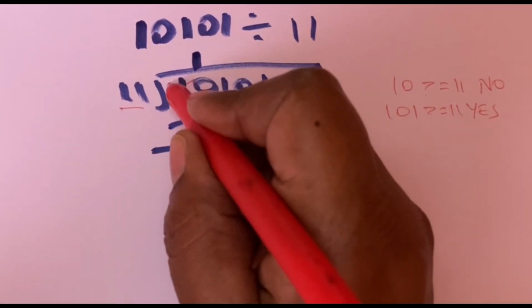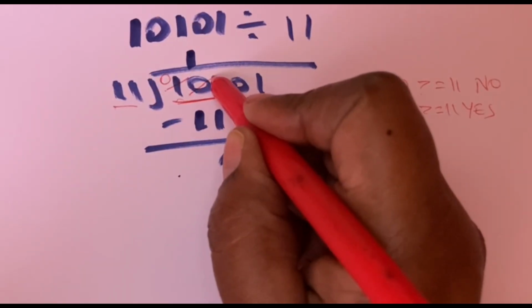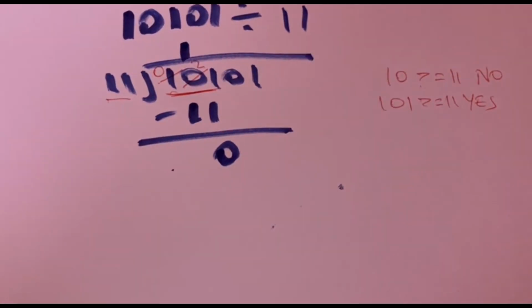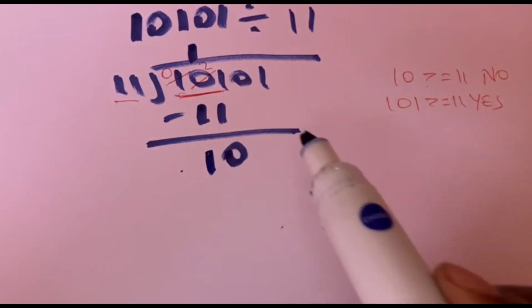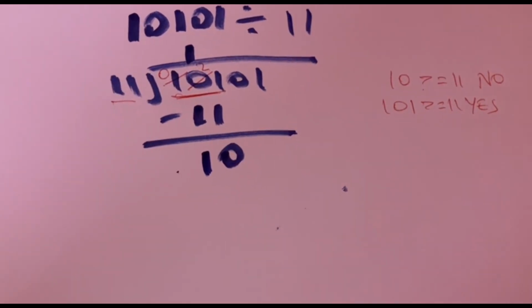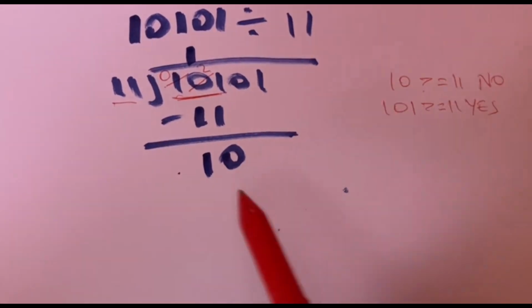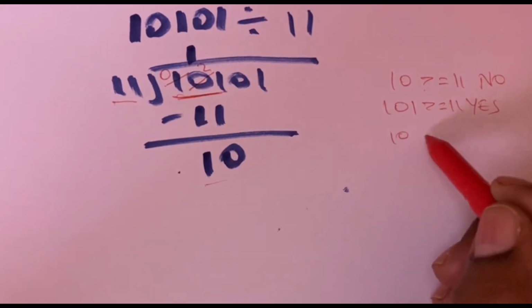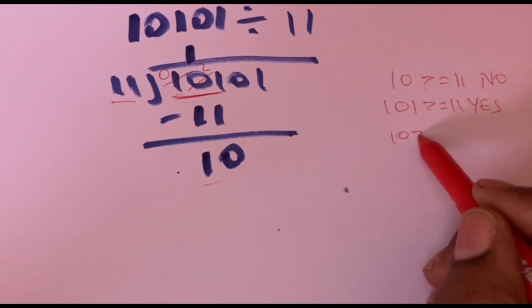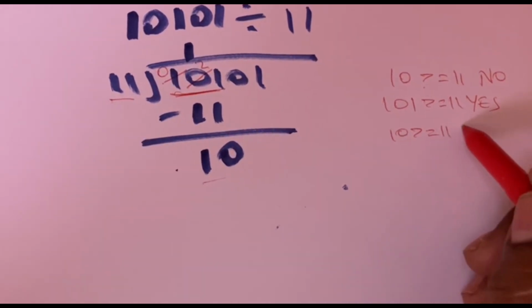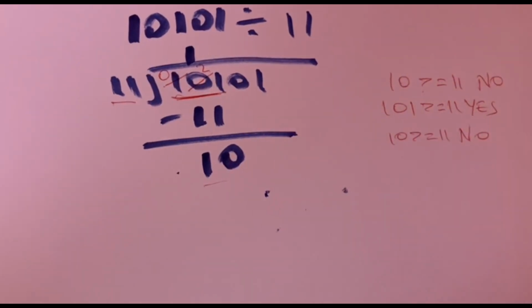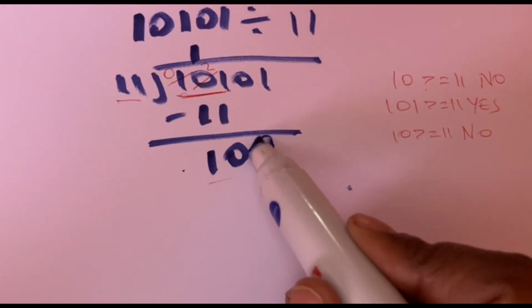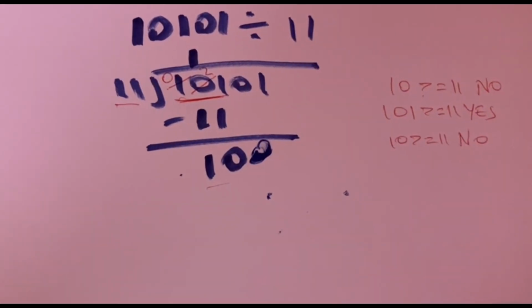So this will change into 0. This will be 2. 2 minus 1 is 1. Okay, so we have 10 here. Is 10 greater than or equal to 11? No. So we have to bring down the next 0, this 0.